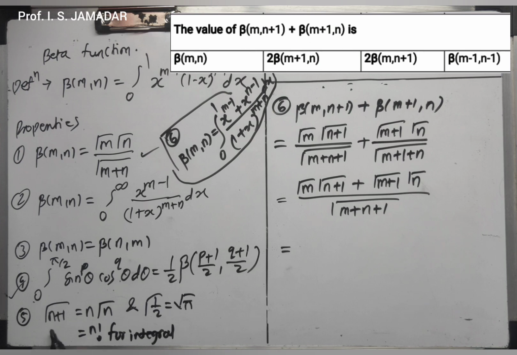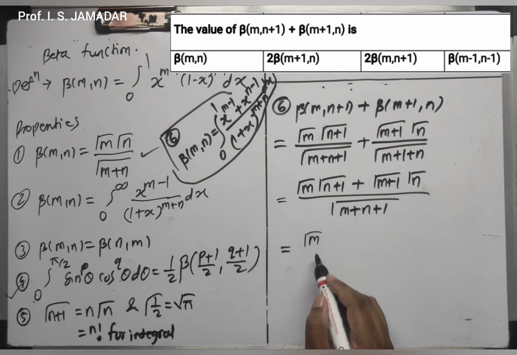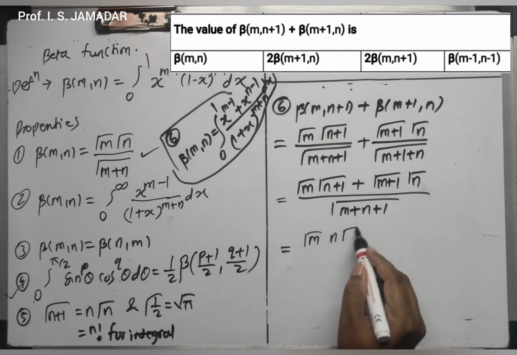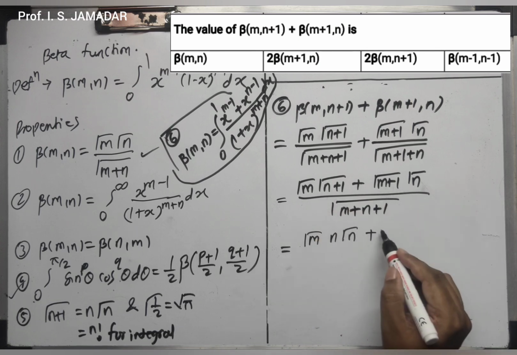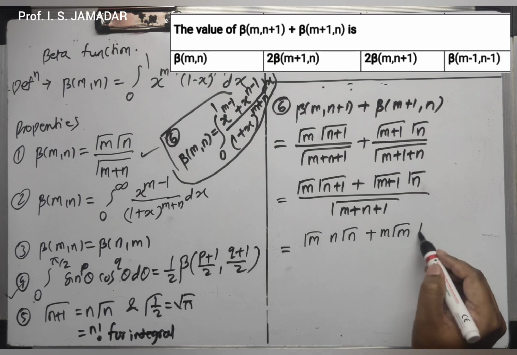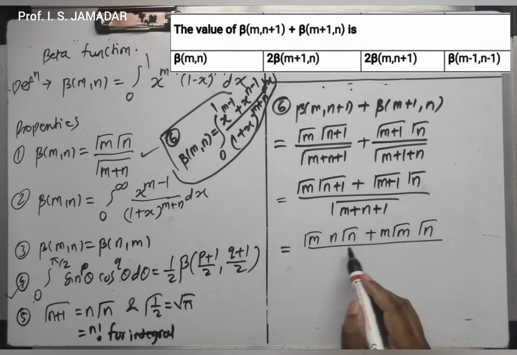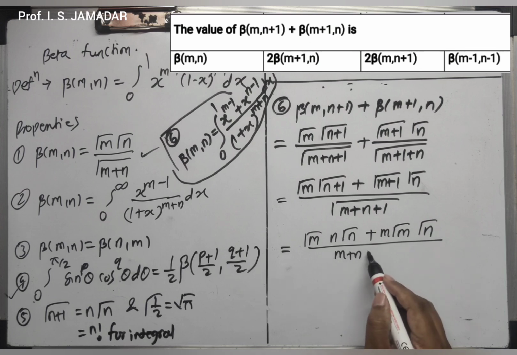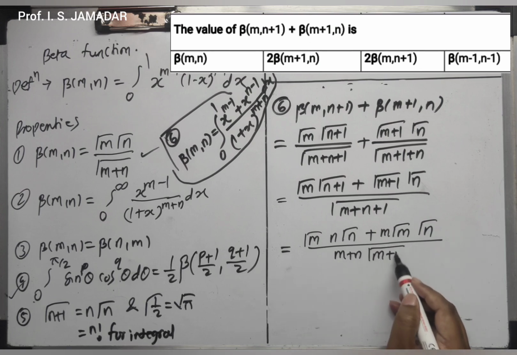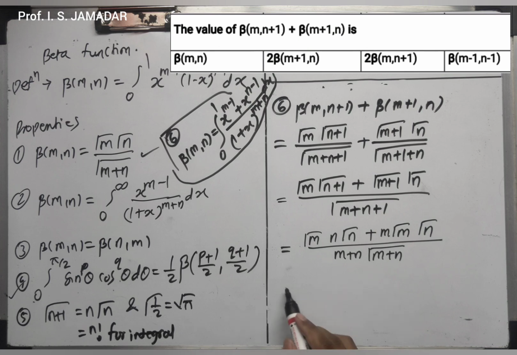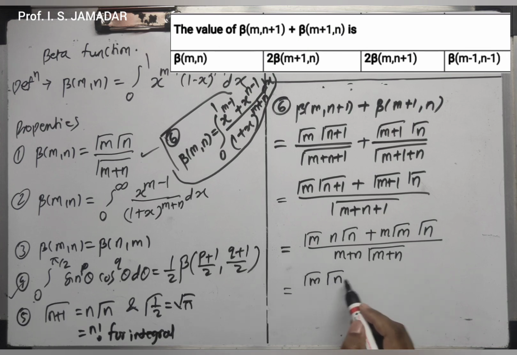Now we have to use this property. Gamma n plus 1 is n gamma n. So gamma m will be as it is. Gamma n plus 1 is n gamma n, plus gamma m plus 1 is m gamma m, gamma n as it is, divided by the denominator gamma m plus n plus 1, which we can write as m plus n gamma m plus n using the same property. Now from the numerator you can take gamma m and gamma n common.